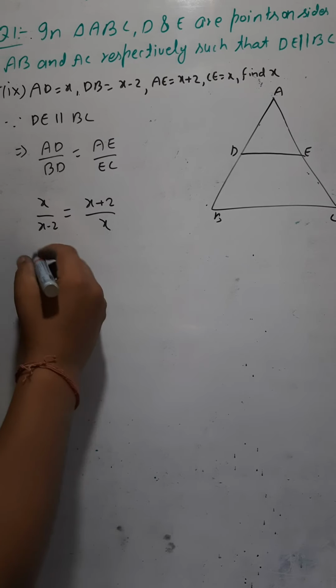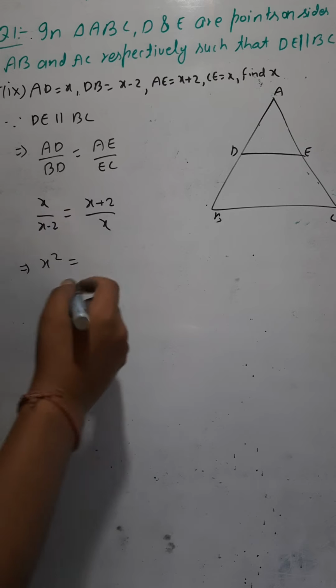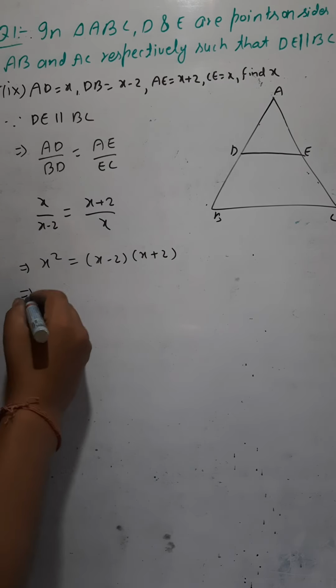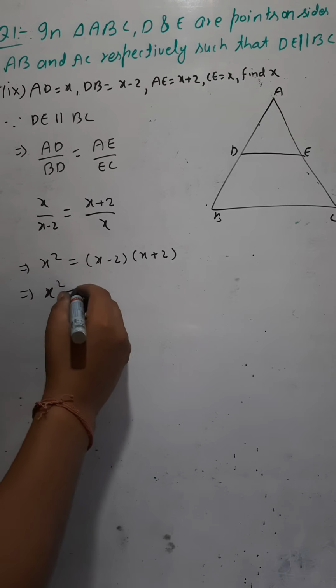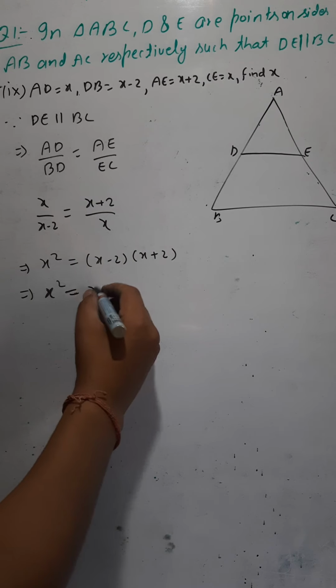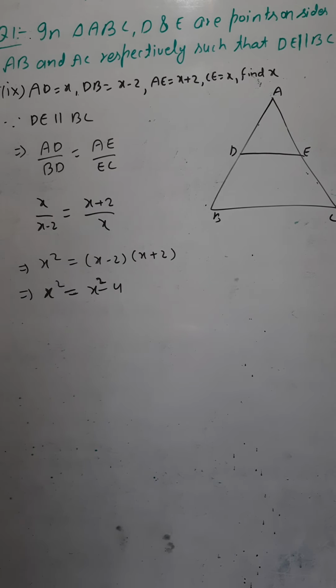X multiply X would be X square, equals X minus 2 multiply X plus 2. It implies X square equals (A minus B)(A plus B), which is A square minus B square. So you can write it as X square minus 4.